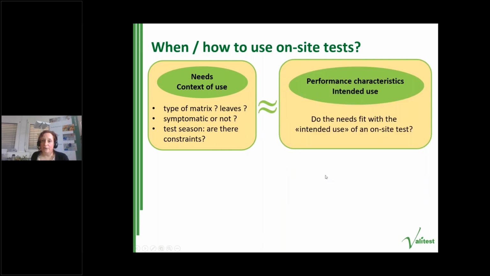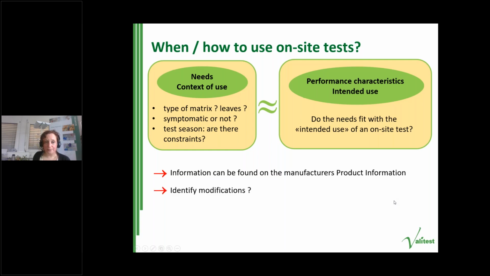Then you have to check, do my needs fit with the intended use of an on-site test? So you should check performance characteristics and intended use of the test. This information can be found on the manufacturer's product information.